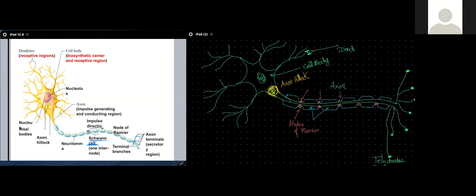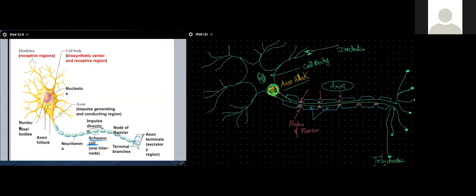Those are my dendrites. Coming from the cell body, also a long process, we call this my axon. This bulging segment where the axon gets its origin from, we call the axon hillock.